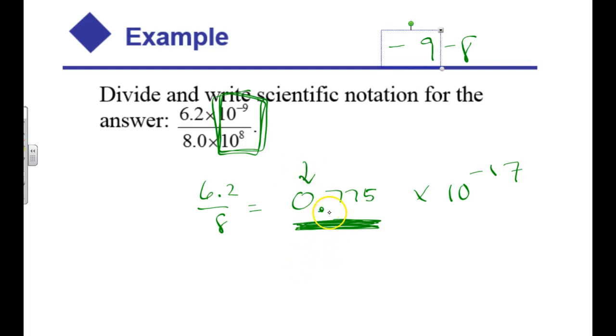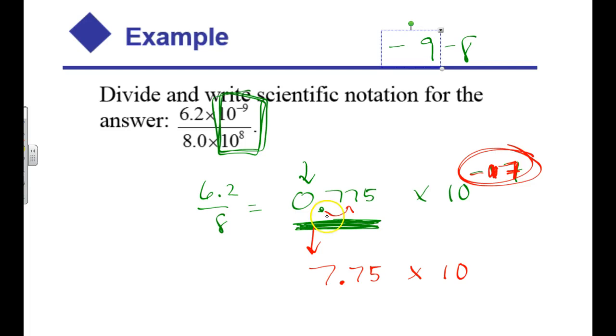So I need to move this decimal one more place to the right to make it 7.75 times 10 to the, well, I moved the decimal one place, so it was negative 17, so I need to either go to negative 18 or negative 16. And again, the rule states if this number is getting larger, then this gets smaller.